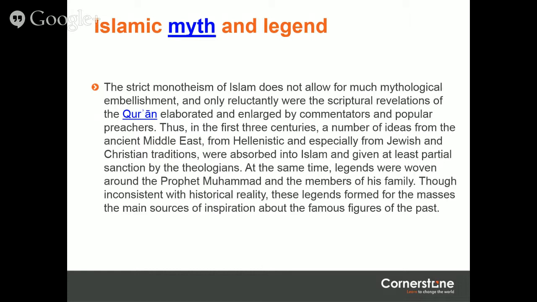But at the same time, there were a lot of legends woven around theologians, at least the Prophet Muhammad and the members of his family. Though inconsistent with the historical reality, these legends have formed for many people the main sources of inspiration about famous figures from the past.